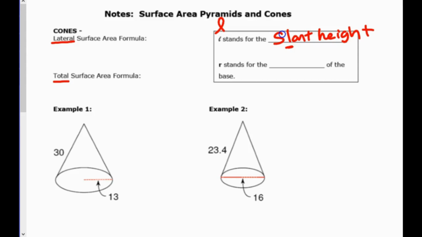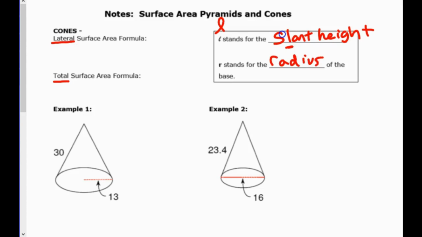What do you think R stands for? As usual, R does stand for radius. So go ahead and write that in. R stands for the radius of the base. Because remember, if this is a cone, the base is a circle.